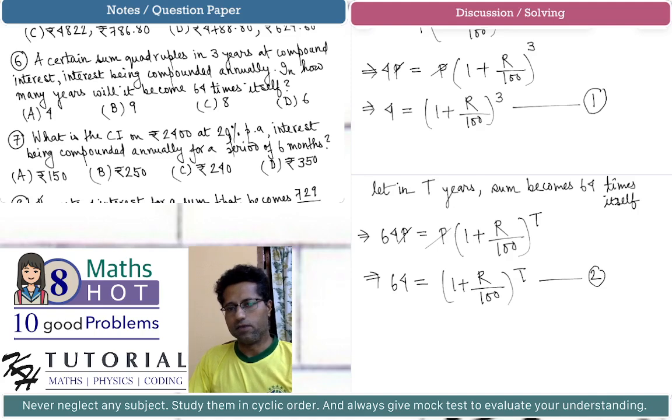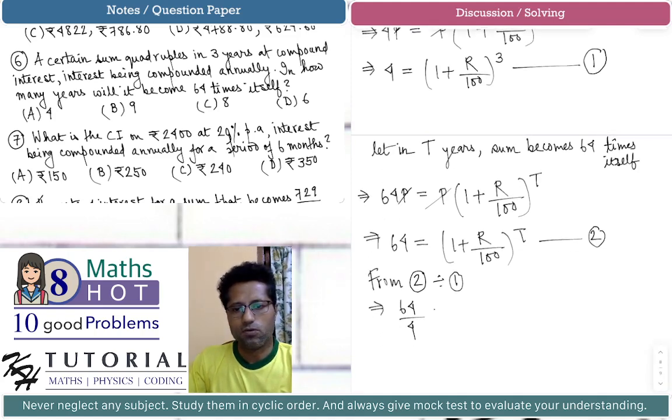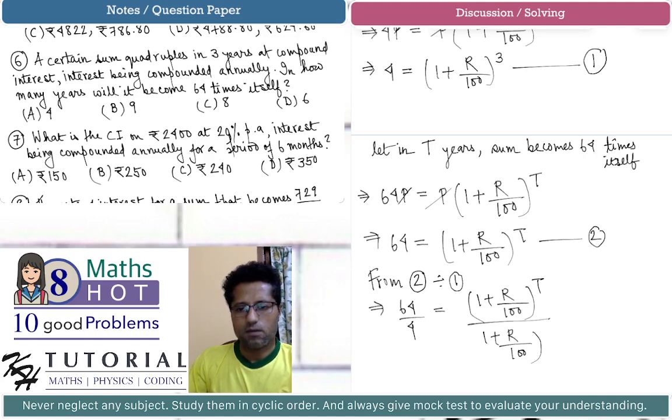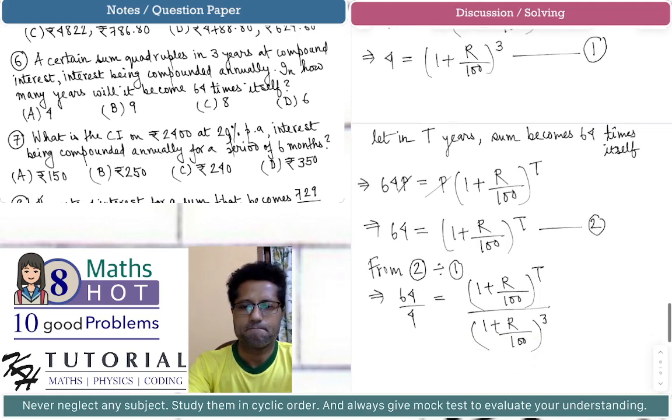Now we can divide equation 2 by equation 1. That implies 64/4 is equal to (1 + r/100)^t divided by (1 + r/100)^3.